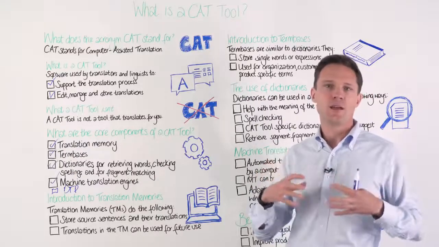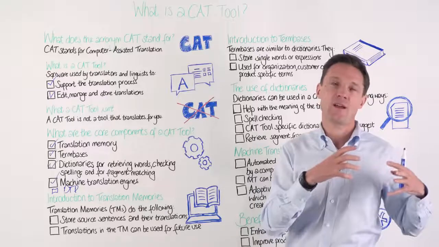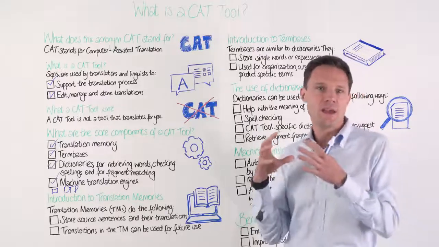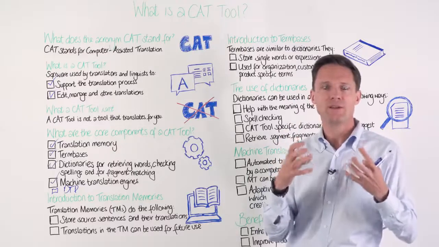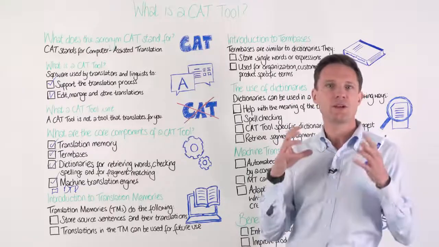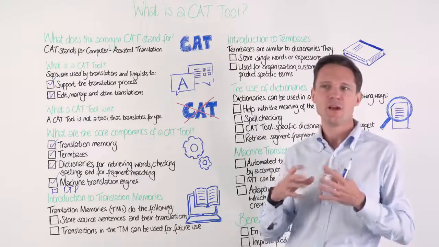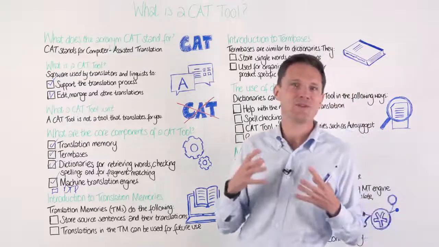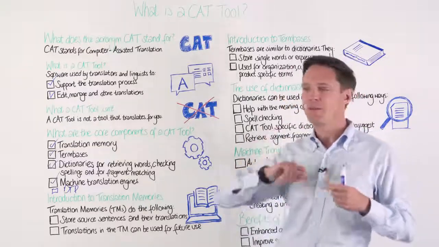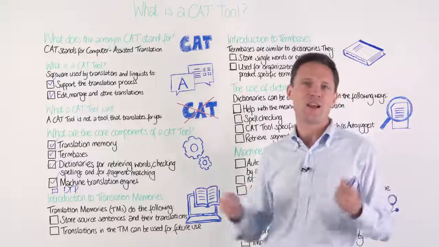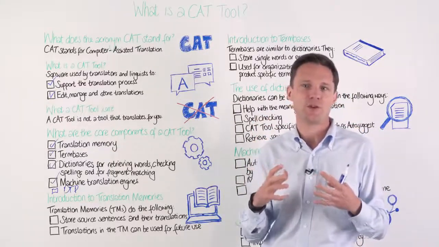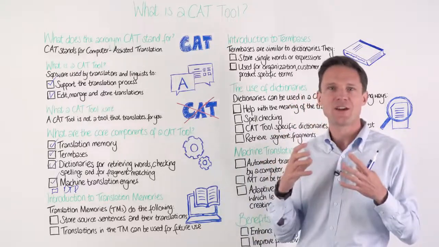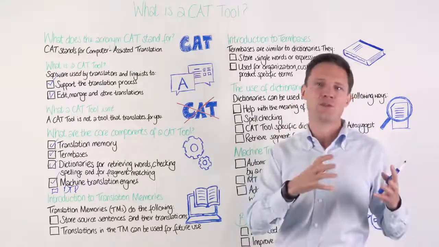You can take a PowerPoint, a Word document, or HTML, and a CAT tool will open those files and extract the text, so you can work on the translation, which is what a translator wants to do. You don't want to spend a lot of time adjusting text and realigning it. You want to spend as much of your time as possible on the core task, which is translating. And a CAT tool allows you to do that.